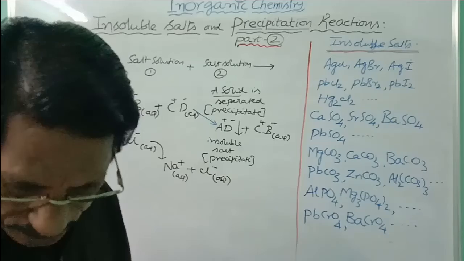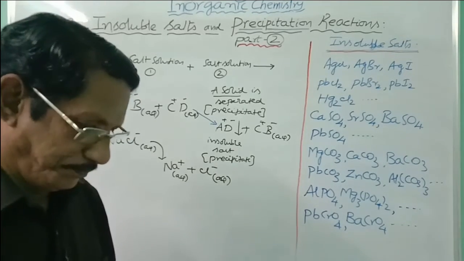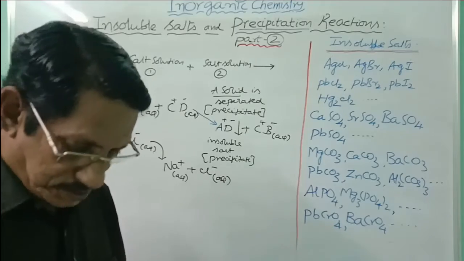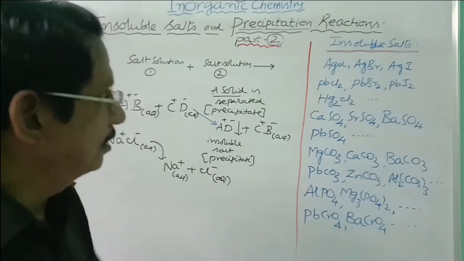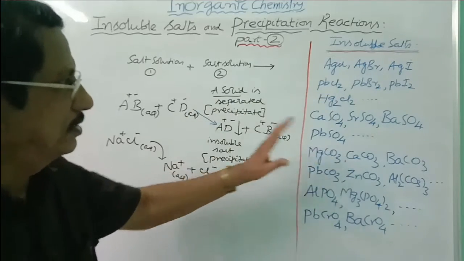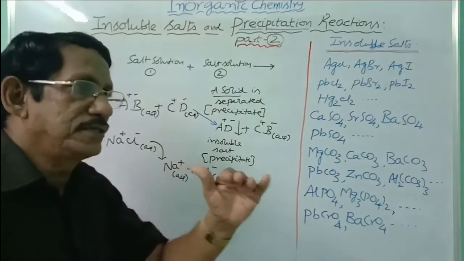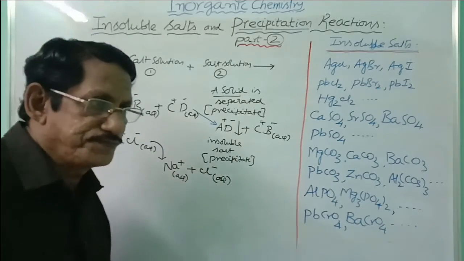Now let us take some examples for the precipitation reactions, how to write them. Let us make a trial and note all these insoluble salts. For every salt you can write the chemical equation in the form of precipitation reaction. And don't forget what is meant by double decomposition reaction.